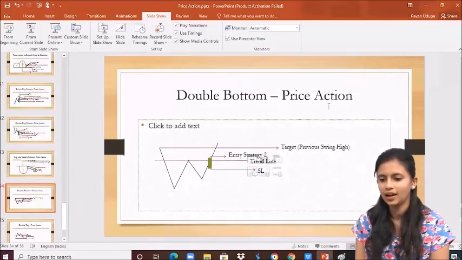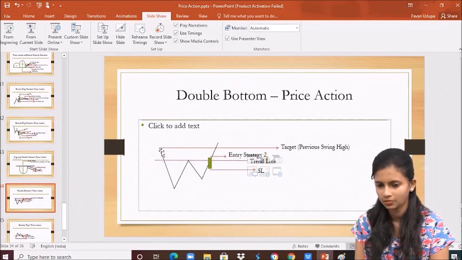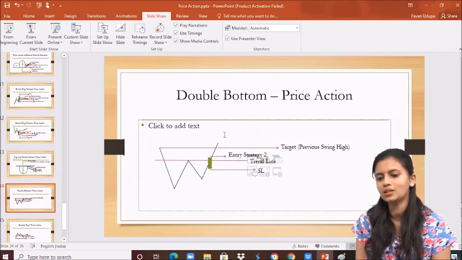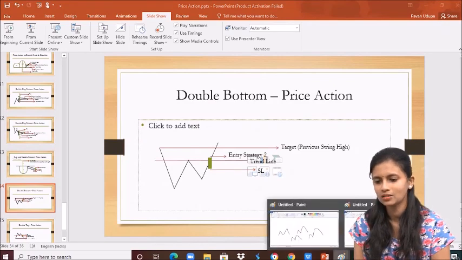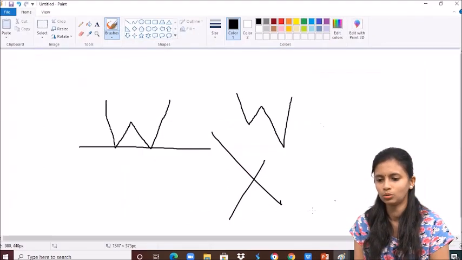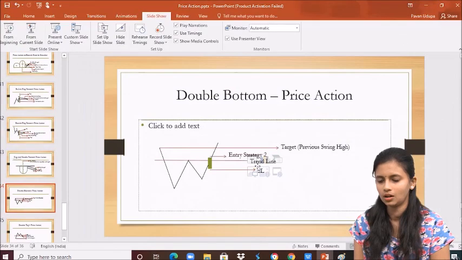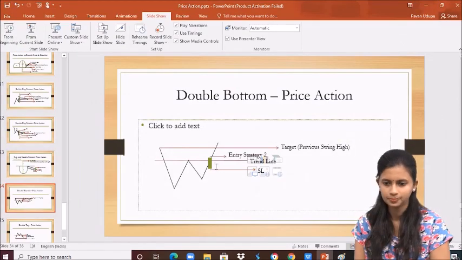We trade only on such patterns wherein the first bottom is coming below and the second swing is slightly above this. Only this pattern is considered as double bottom by us, because only this pattern works more. These patterns will not always give you good results, so please be careful while selecting the pattern.